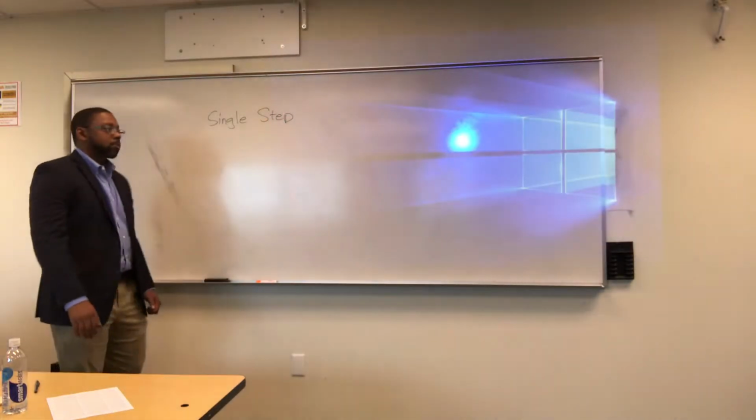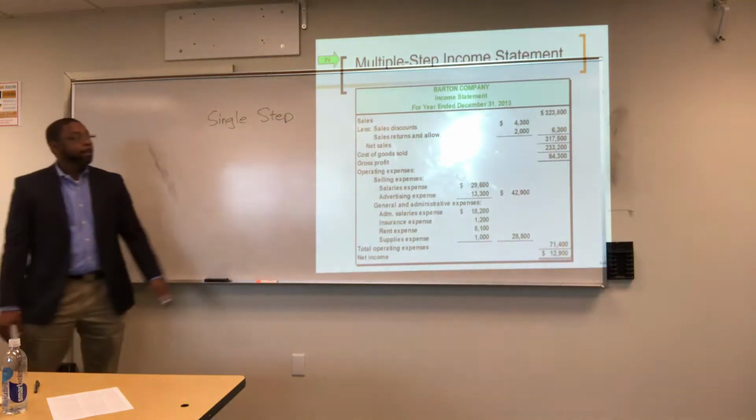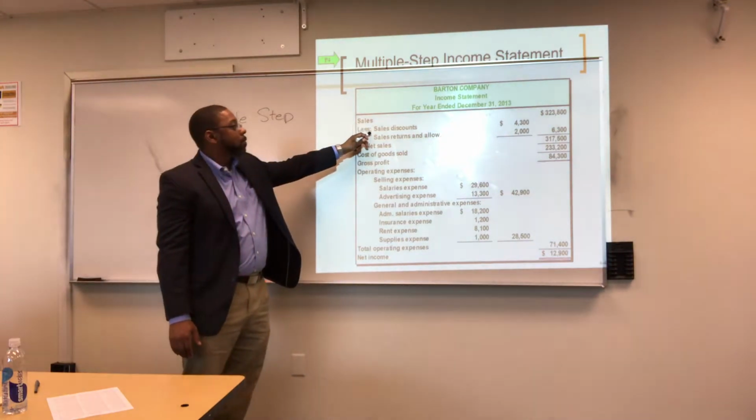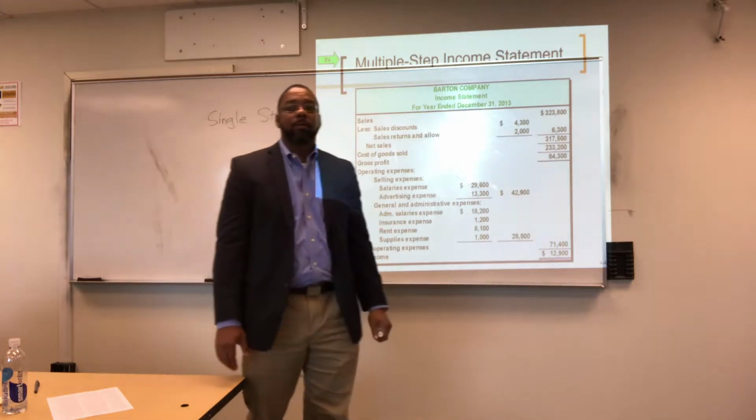The income statement is going to start with sales. The first thing we're going to minus off is sales discounts and returns and allowances.